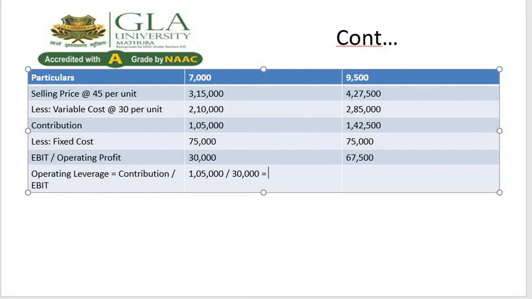Operating leverage is 3.5 after that division. In case of 9,500 units, 1,42,500 divided by 67,500 equals 2.11.